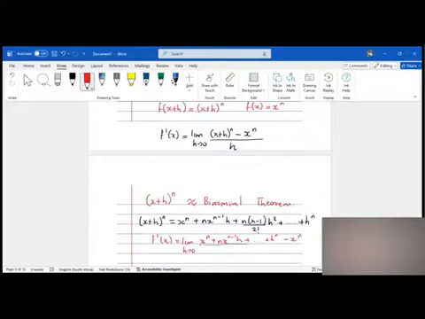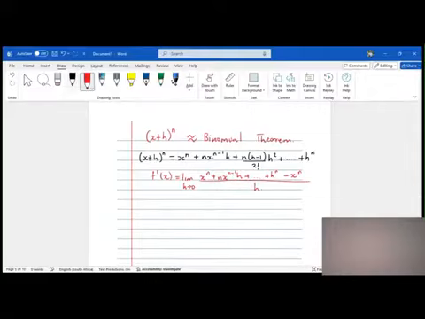As h tends to 0, we normally see that this x to the n and this minus x to the n are going to undo each other. So I'll be left with n x to the power of n minus 1 times h plus n into n minus 1 h squared and so on, up to the h to the power of n there. So that's what we'll end up having.